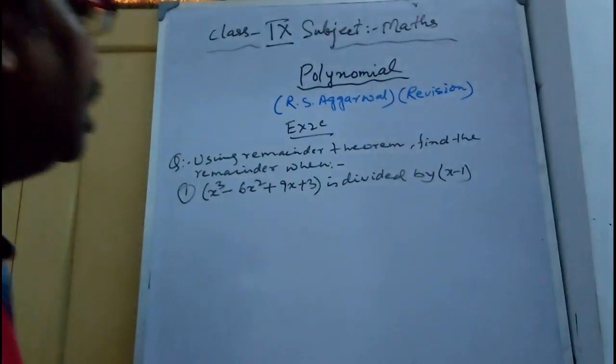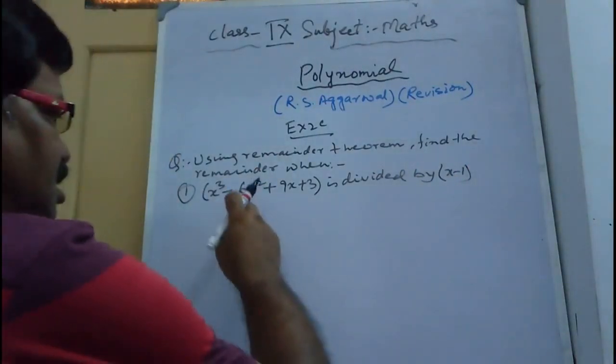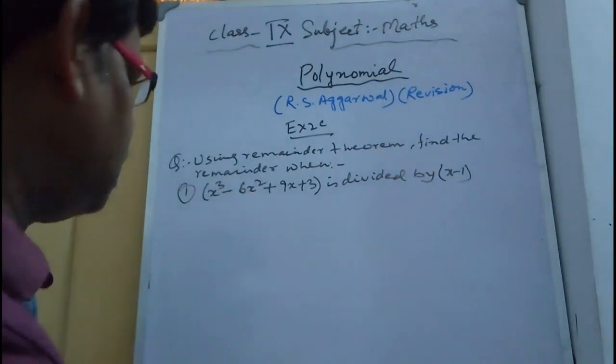So by remainder theorem you have to find the remainder when this polynomial is divided by this one.